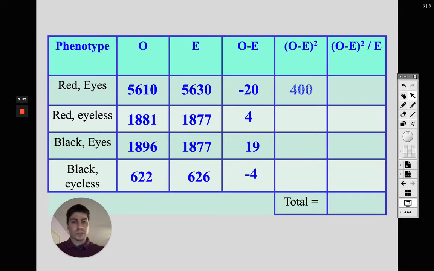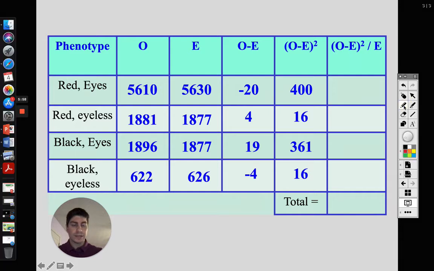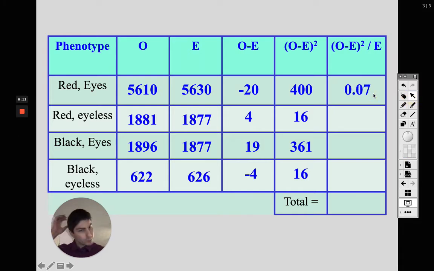It's okay, because once we square them, that goes away. Now, guys, when you're doing the first one, you're going to do 400 squared divided by 5,630, and we get 0.07. For the second one, we're still using O minus E squared, but make sure you use the expected for that row. Don't go back up here and use 5,630. And when we are done, we get all four of these numbers.